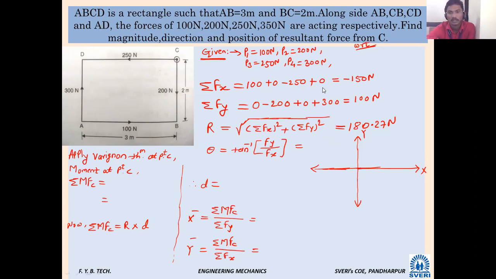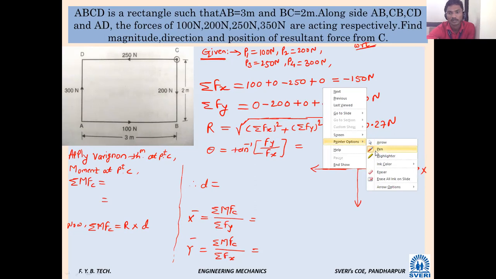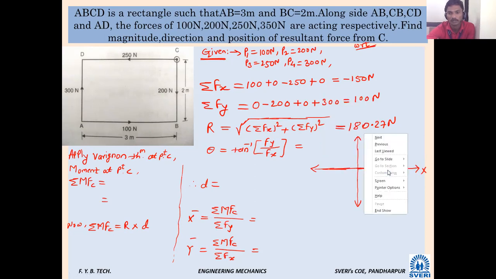Next, calculate theta. Summation fx is with you. Summation fy is with you. What is the value of theta? Minus 33.69 degree.